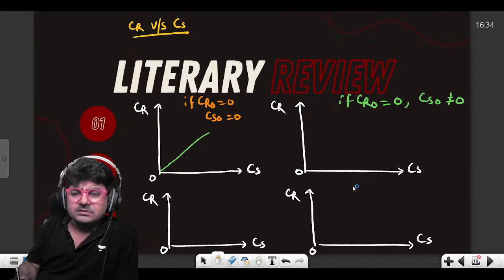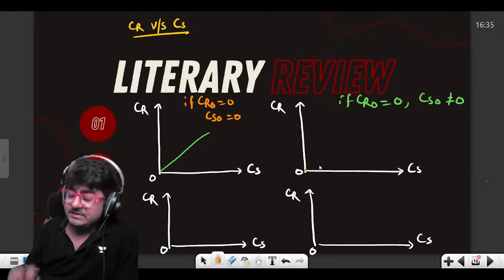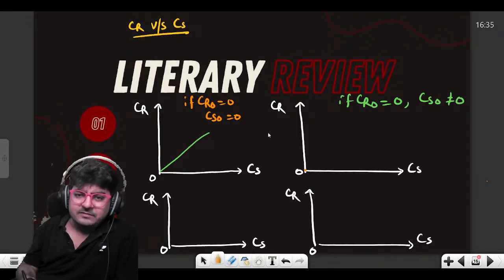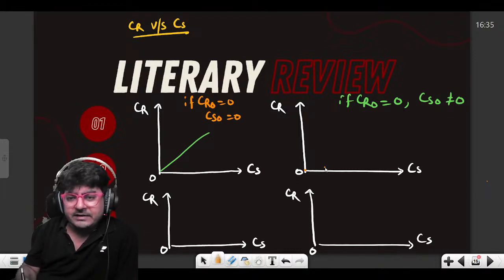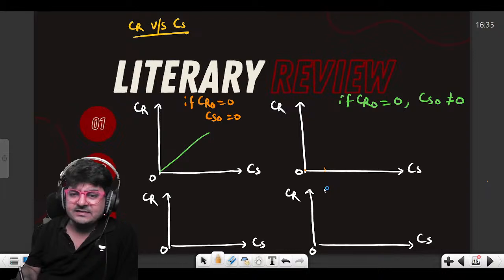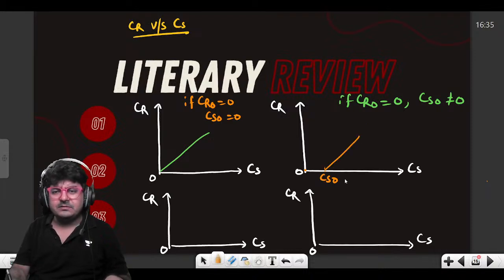So you know the graph on the y-axis will be starting from here. CR के लिए y-axis पे CR है, so CR naught is 0, but CS naught is non-zero, and there will be some intercept on x-axis. तो आपका जो कर्व है वो कुछ यहाँ से स्टार्ट हो जाएगा. Again it will be a straight line.